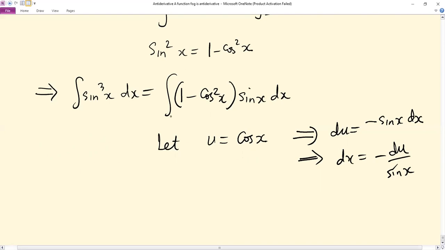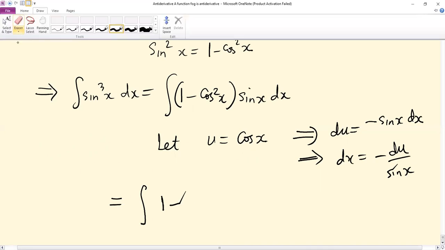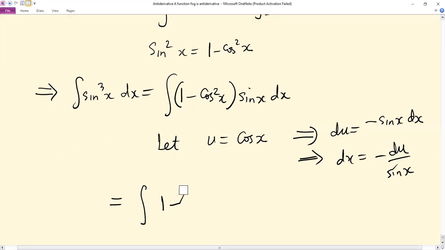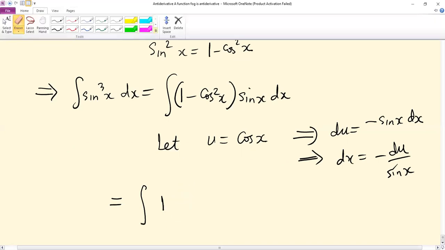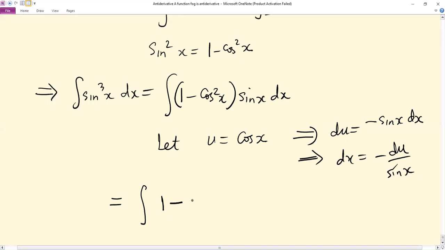So we'll write this integral as the integral of 1 minus cos squared x, which will now be u squared, because the value of cos x is u. So 1 minus u squared, and then sine x, and where there's dx, you put negative du over sine x.